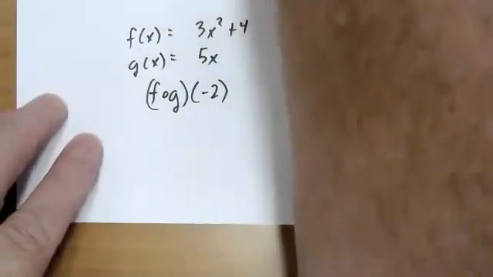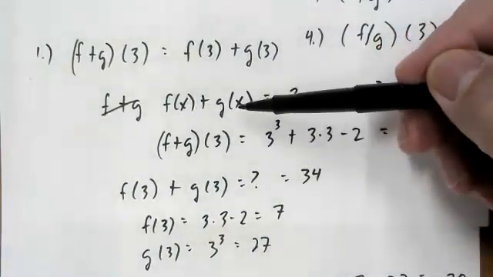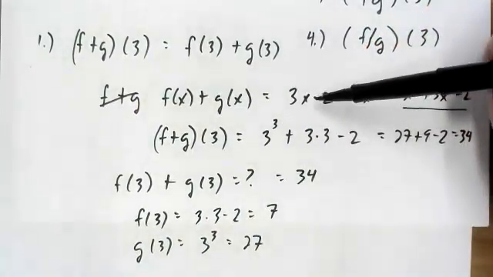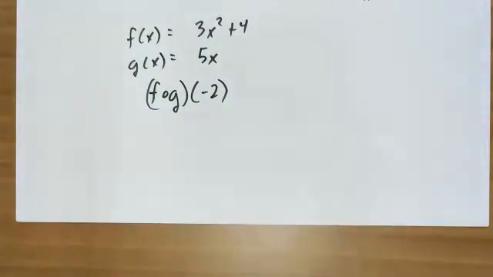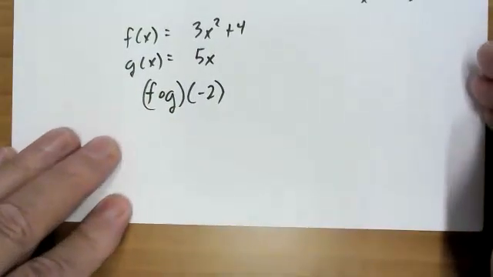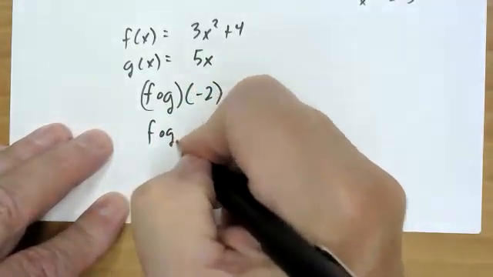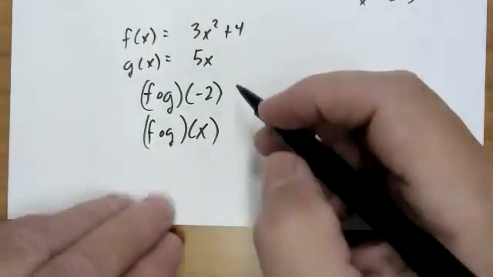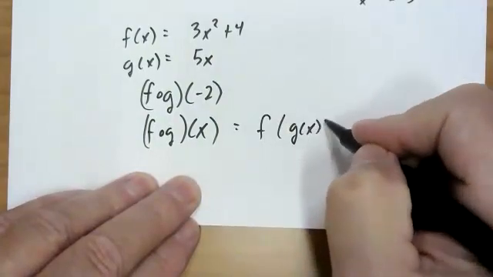Now, just like when we did this very first problem with operations, you can always treat it like an algebra problem and leave your variable in and do all the algebra. And then the last step, plug in the number. Let me write it out so it's clear what I'm saying. So basically we're doing f composite g of x, which if I rewrite this means f of g of x.